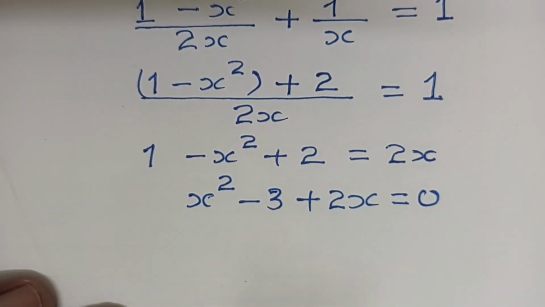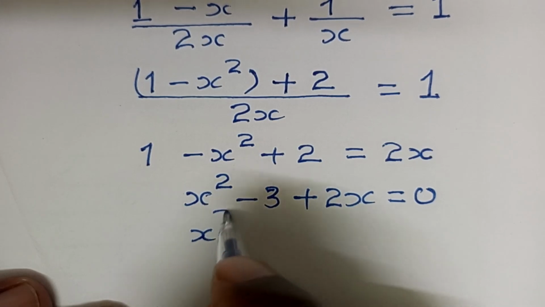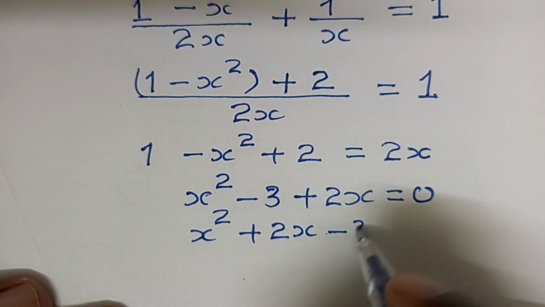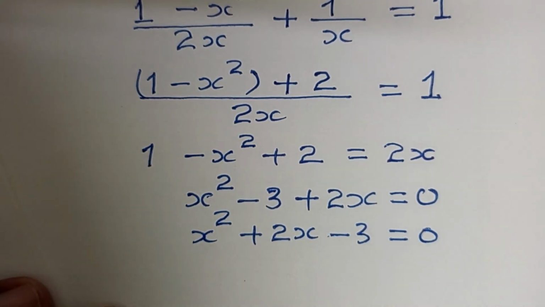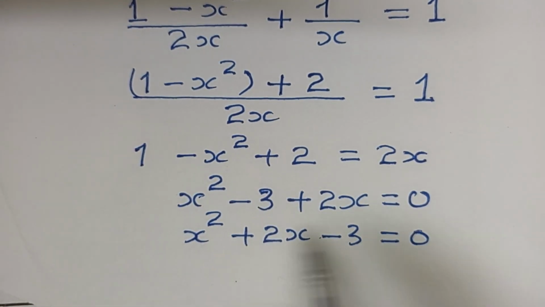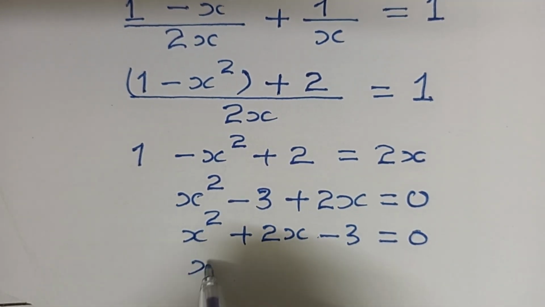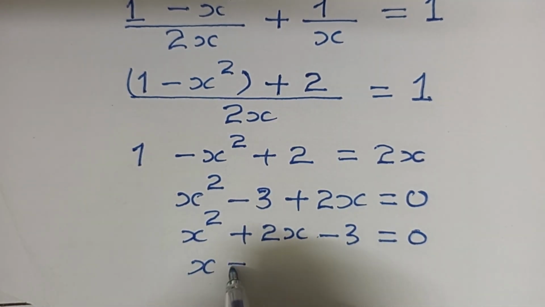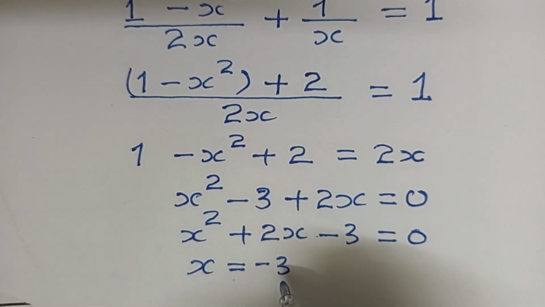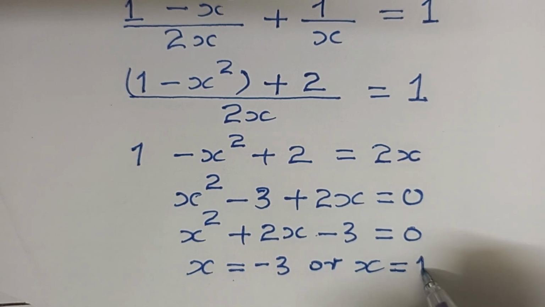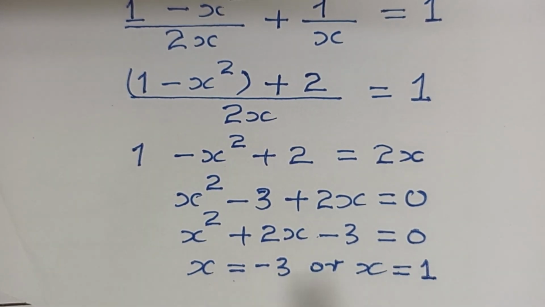Just to write it in a better way, this comes to x squared plus 2x minus 3 equals 0. Guys, since we have a simple quadratic equation here, I can just write the solution, because I believe all of us are familiar with this, because we have done a lot of quadratic equations. So x equals negative 3, or x is equal to 1. So guys, see to it that you get that. So let's continue.